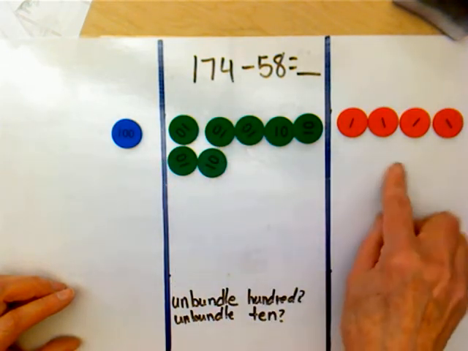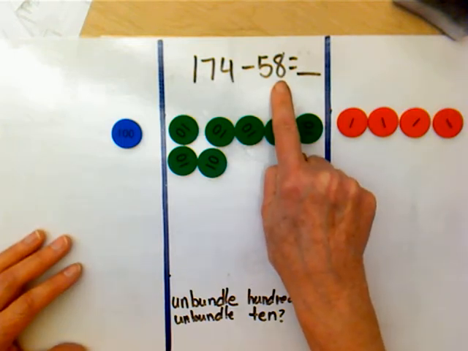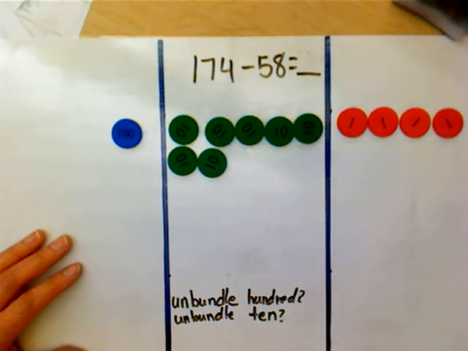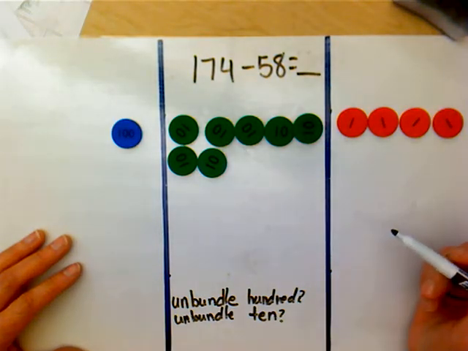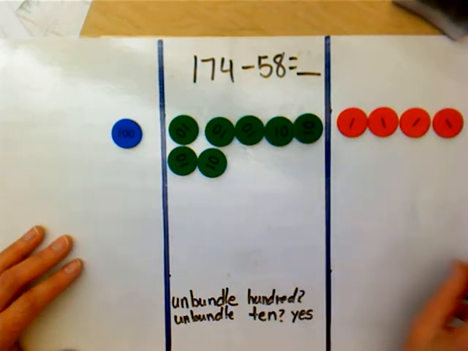I know that I'm going to start in my ones by asking the question, can I take 8 ones away from 4 ones? Well, that answer is pretty straightforward. I cannot. So I know that I am going to have to unbundle a 10 in order to have enough to be able to subtract those 8 ones.